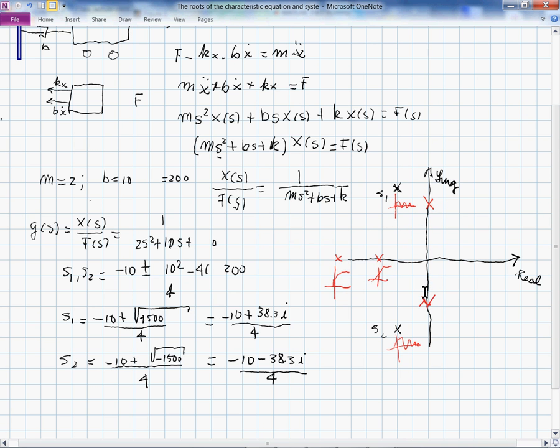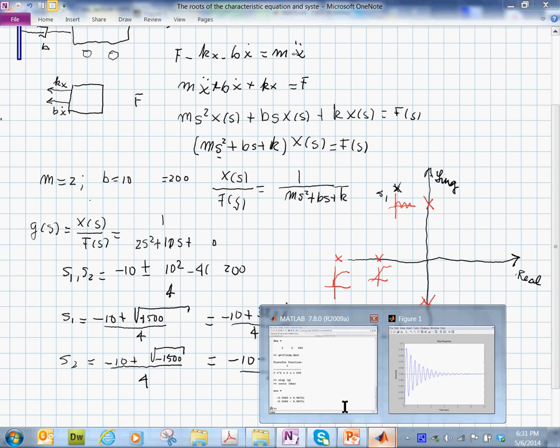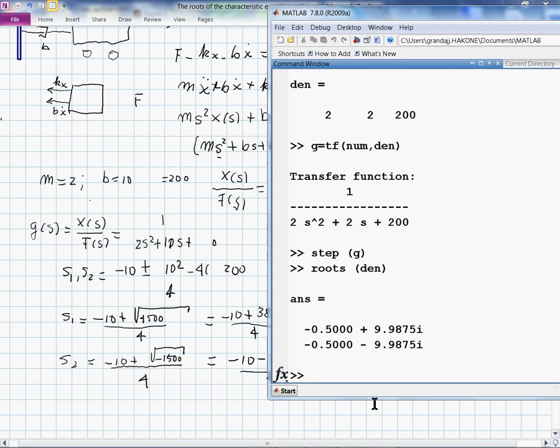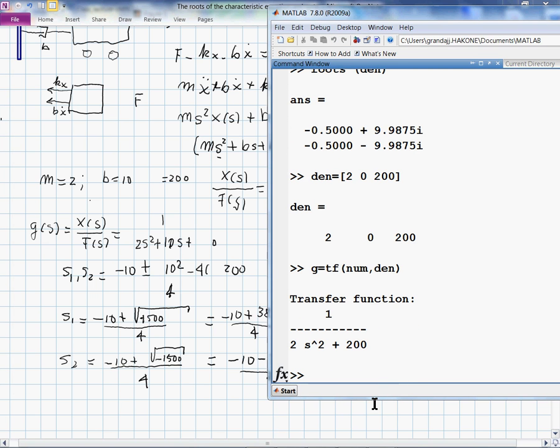So what I'm going to do is go over here to MATLAB and say, listen, if there's no damping, what I have in here is a 0, like that. And if I do that for the denominator, and I calculate my transfer function, this is what I get.